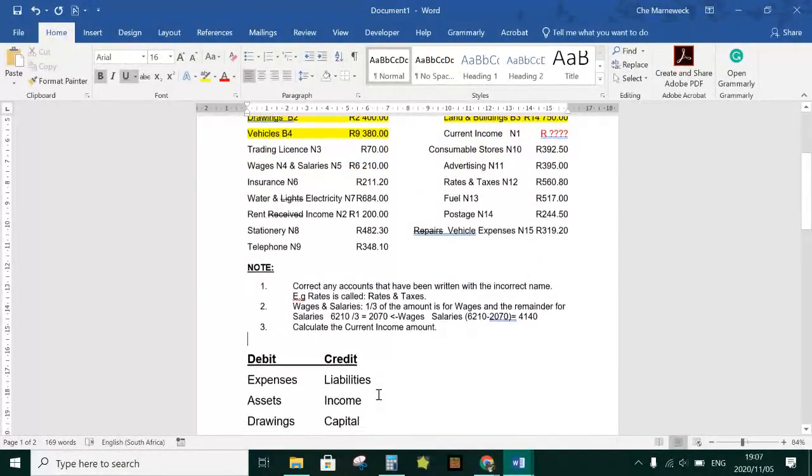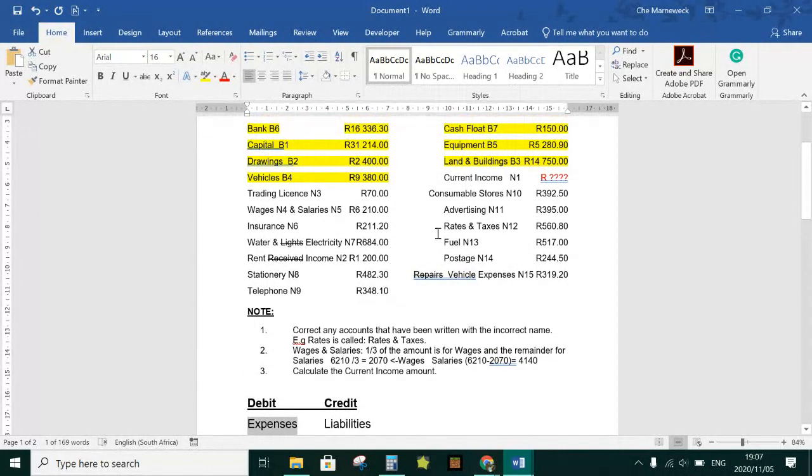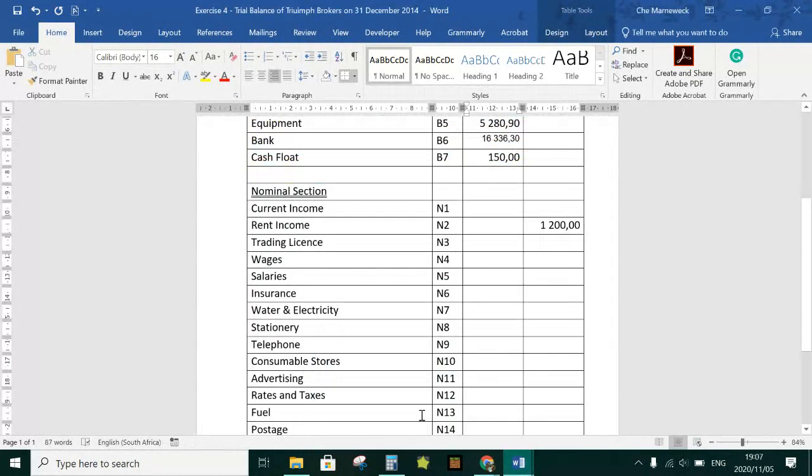What do we do to expenses? Expenses go on the debit side. All these amounts that are left over, we're going to put on the debit side. So we start. Trading license is 70 Rand. Then we have wages.